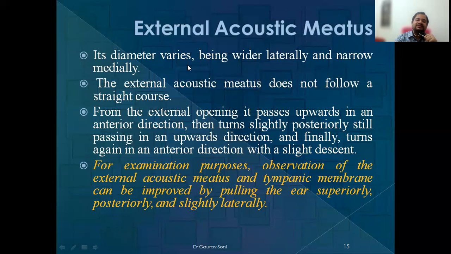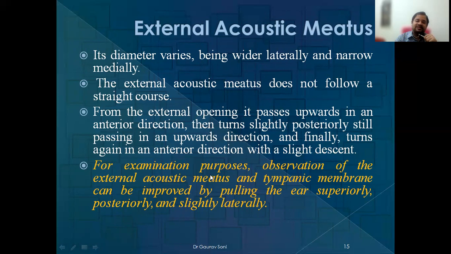First of all, its diameter varies, being wider laterally and narrower medially. Remember, the external acoustic meatus does not follow a straight course. From the external opening, it passes upward in an anterior direction, then turns slightly posterior, still passing upward, and finally turns again in the anterior direction with a slight descent. So this is the normal pathway of the external acoustic meatus.